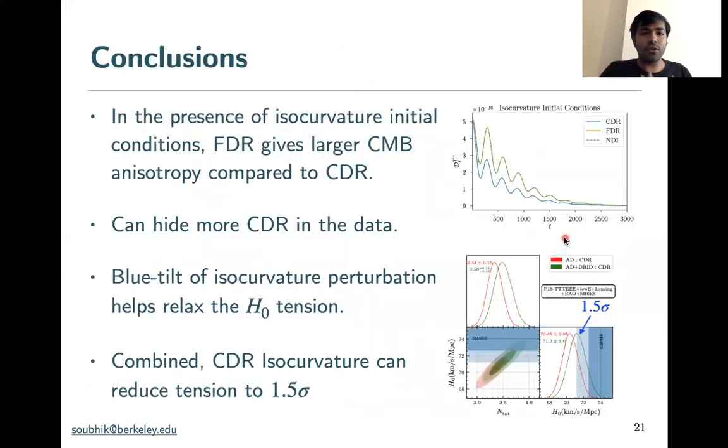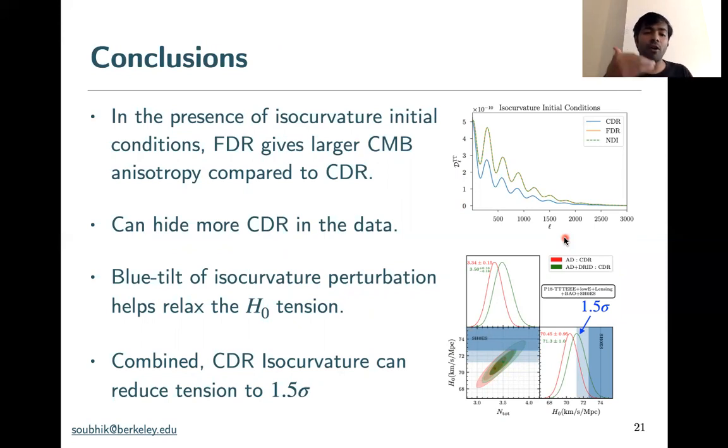All right, so I can now conclude. I hope I have given you some flavor of these main ideas. And of course, I'm very happy to discuss more in the discussion session. But just to summarize, FDR gives you larger CMB anisotropy compared to CDR. Therefore, this means that you can hide more CDR in the data, more CDR isocurvature, that is.